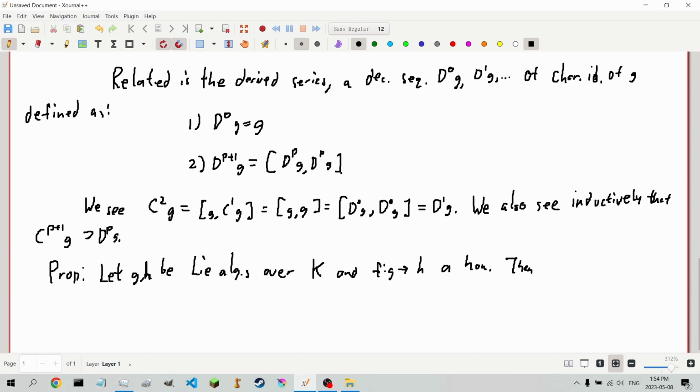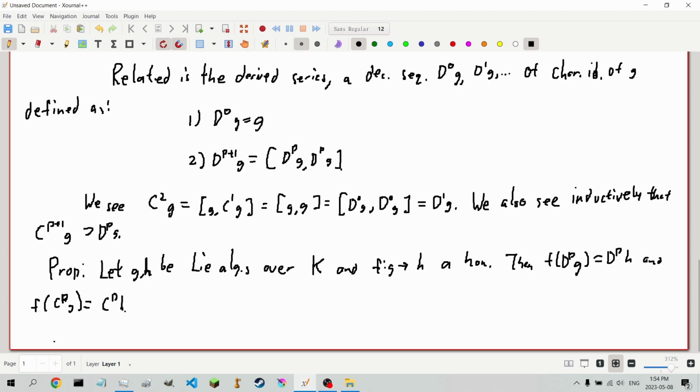Then F of dp of G is equal to dp of H, and likewise F of Cp of G is equal to Cp of H. The proof is obvious from the fact that F of the bracket of two submodules is equal to the bracket of the images of those submodules.